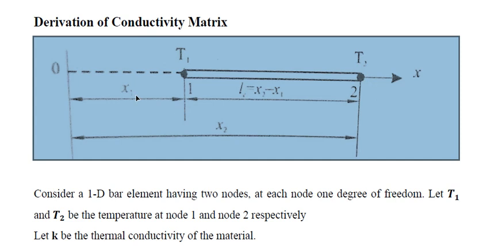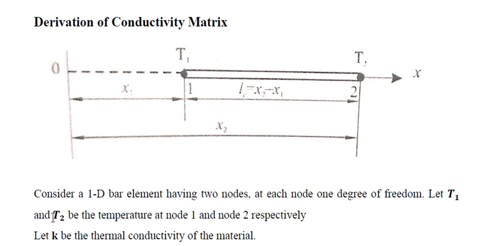The dimensional parameters of the axis with respect to the global coordinate are x1 and x2. Let K, the small letter K, be the thermal conductivity of the material chosen, or the thermal conductivity of the element.